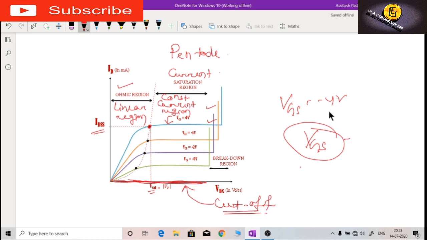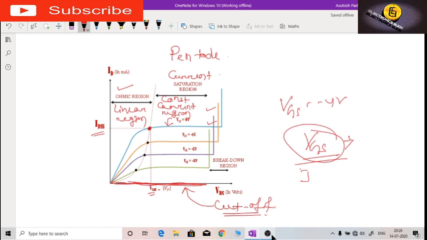So VGS is the controlling voltage. So we are saying that the JFET is a voltage controlled device. That is, the ID current is controlled by VGS. The output current ID is controlled by the input voltage VGS. That's why the JFET is known as a voltage controlled device.